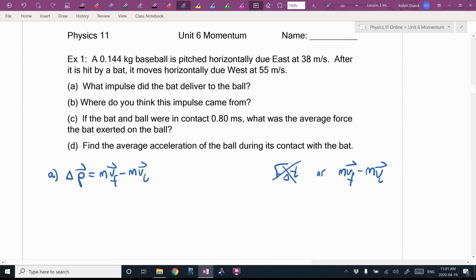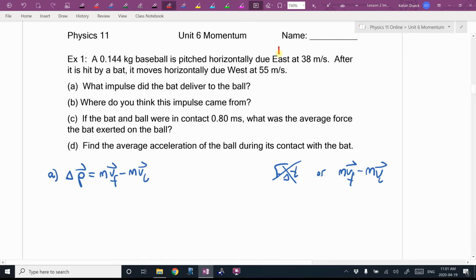But now we have to be very careful. Please notice I gave you directions. The ball came in going east, and the ball left going west. There is a change in direction. So I need to let one of these be positive and one of these be negative. It doesn't matter which one you pick, but you know what? Just for giggles, let's let east be positive.